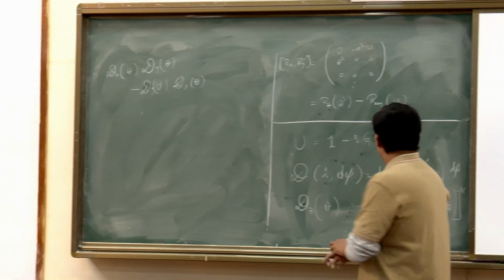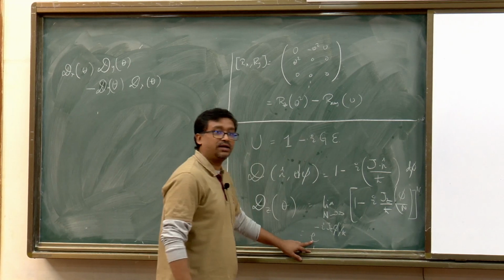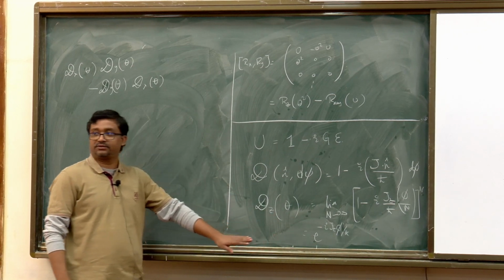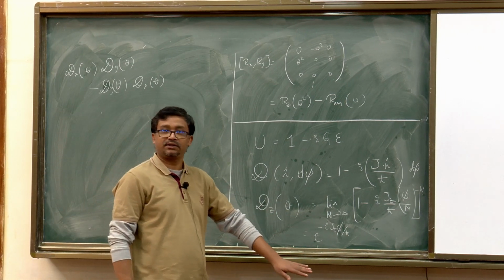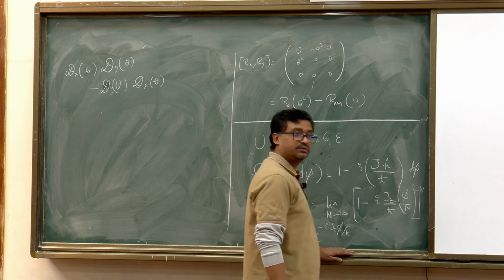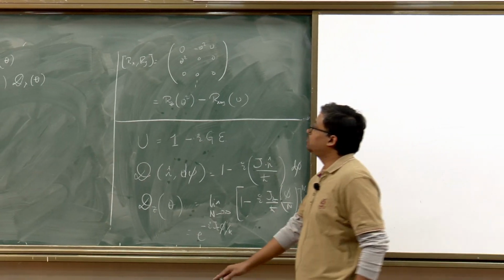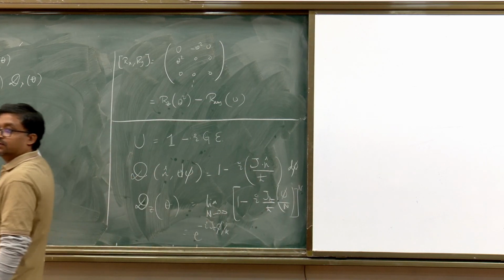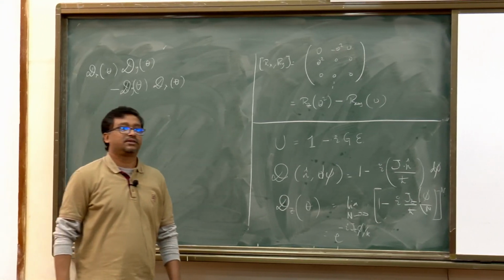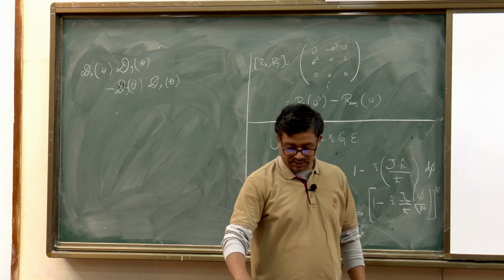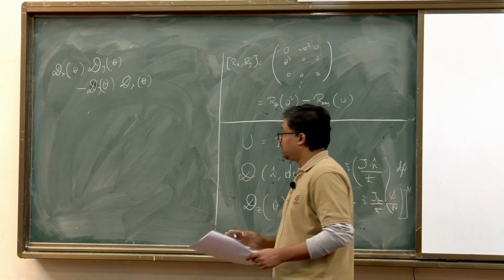So how do you do it? You have the exponential operator, you expand up to theta squared. You do this expansion of the exponential up to theta squared and do this multiplication in this order, and tell me what you get. But you have to be a little bit careful.